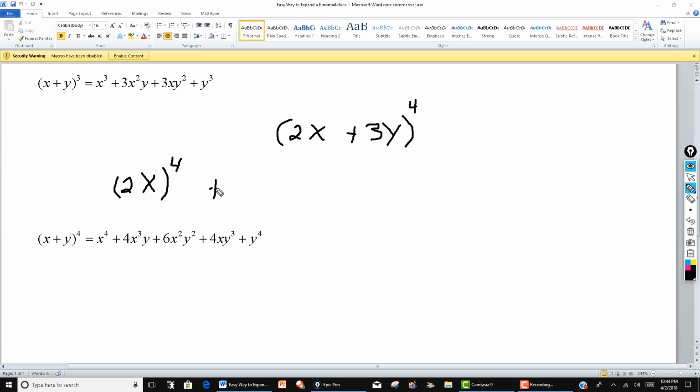Same thing I did, except now, because I have a slightly different situation, I put this in parentheses. So the terms of the binomial are 2x and 3y. So this just goes 2x to the fourth, and then just decrease the power on that in the next one. So this is going to go to 3, and then 3y.